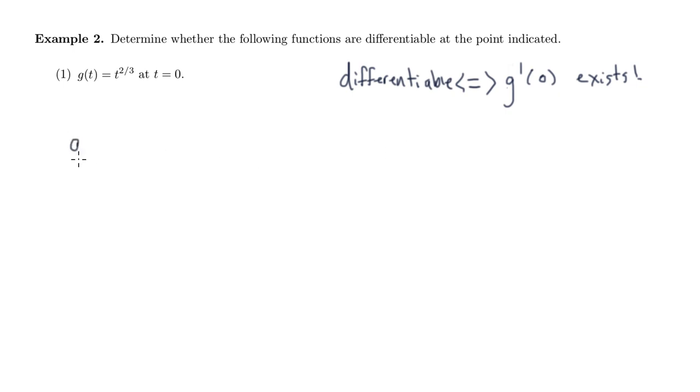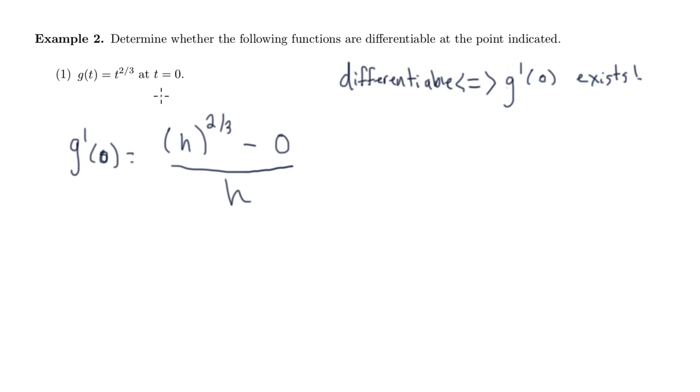So let's just write down what g prime of 0 is. So g prime of 0 is going to be the limit of (0 plus h) to the 2/3 minus 0, all over h.